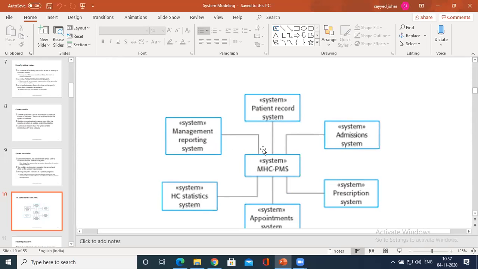So this part is over. The first three parts I mentioned are the admission system, recording the patient record, and also the management reporting system. Coming to the downside, you need to maintain the prescriptions of all the patients. First let me clarify, are all aware of what the MHC-PMS system does?